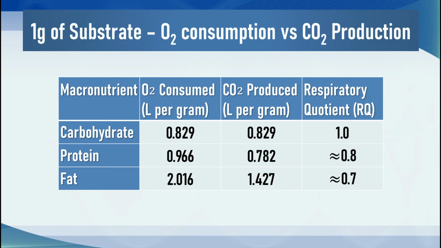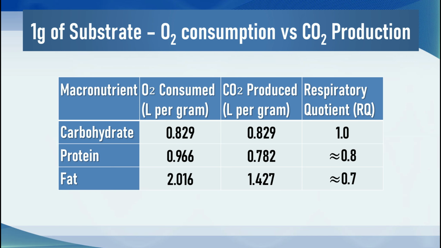This is illustrated by the volume of oxygen consumed per gram of substrate versus CO2 production. For carbs, they are equal. About 0.8 liters of oxygen and 0.8 liters of carbon dioxide are used and generated per gram of substrate.